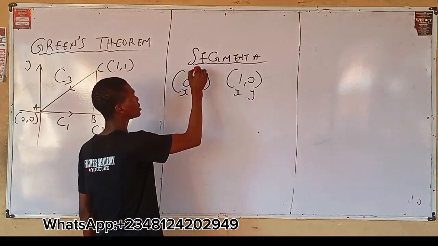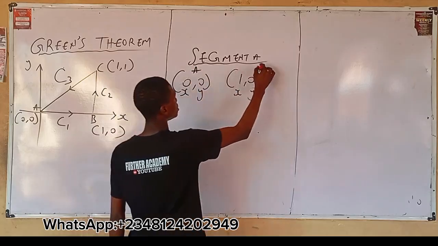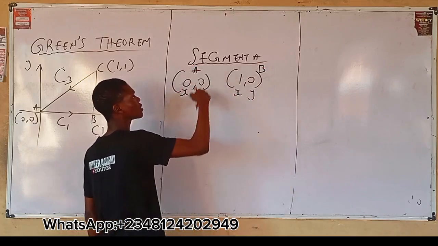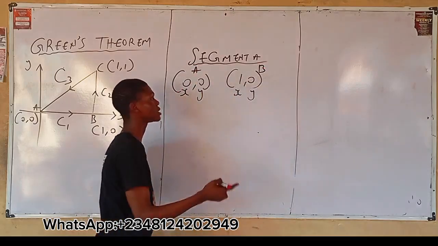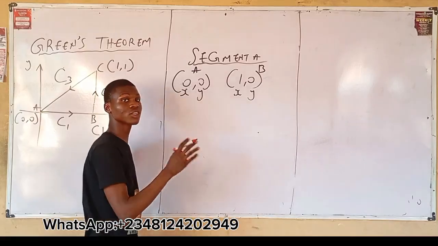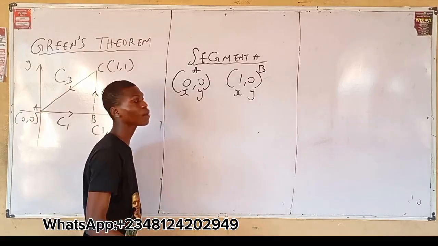This is A, this is B. x is changing from 0 to 1, then y is changing from 0 to 0, meaning y is fixed and x is non-fixed. It's actually the same thing but a different approach.